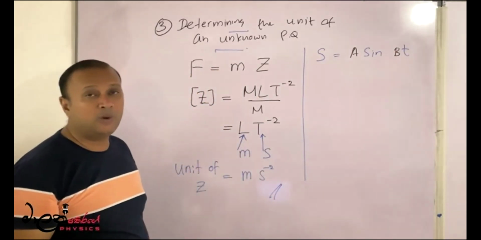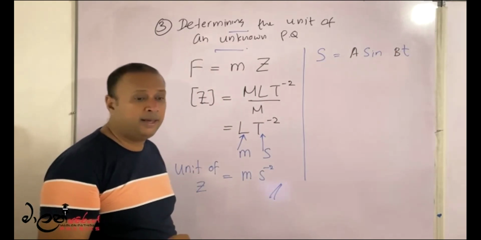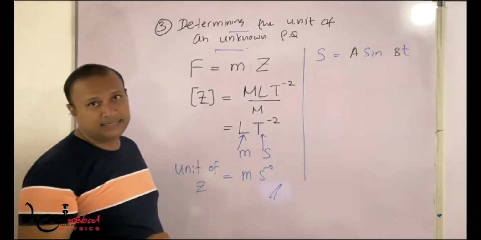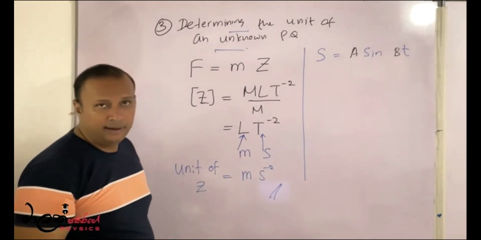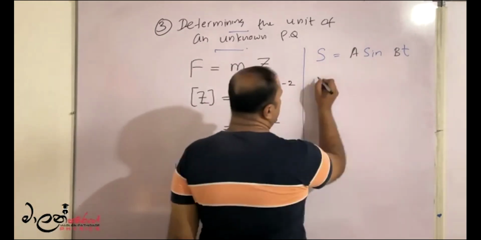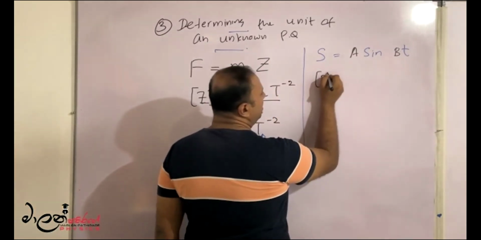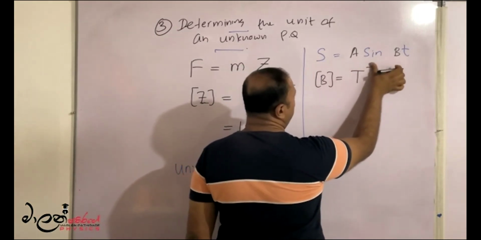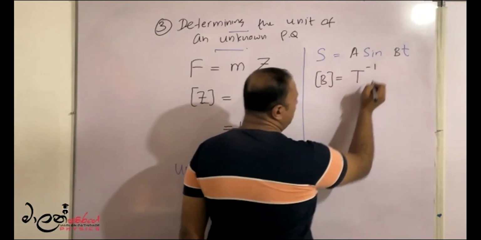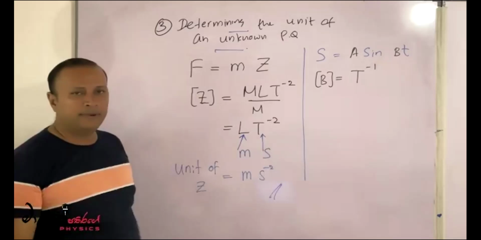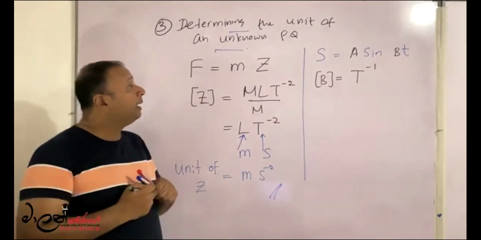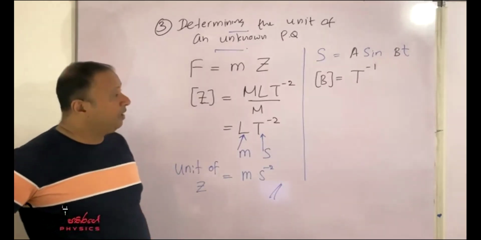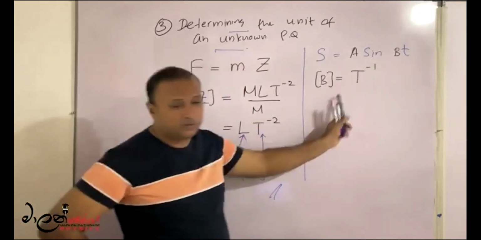Suppose you are asked to determine the SI unit of B. It is very clear. The dimension of B is T minus 1.